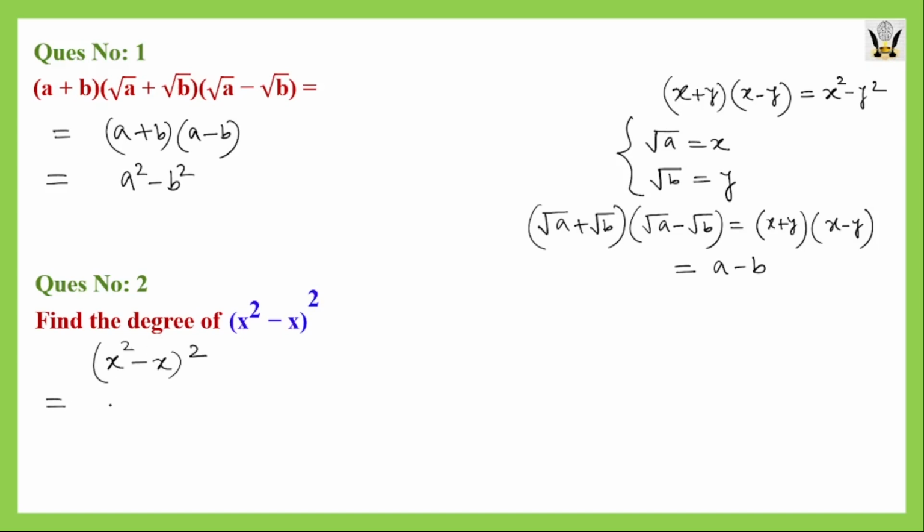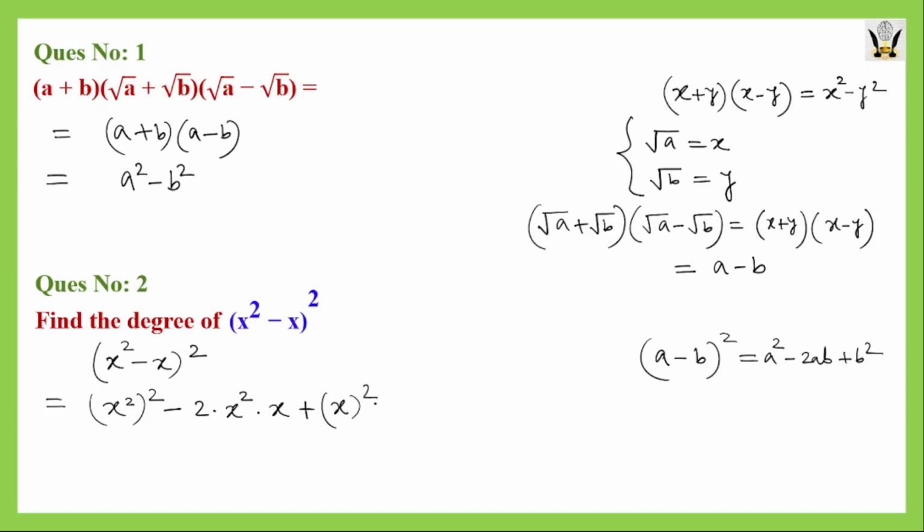Now in the second question we need to find the degree of the polynomial which is given. If we expand this polynomial using the identity that we know, it will be x square whole square, then minus 2a, and b is x, then plus b square, so x square.